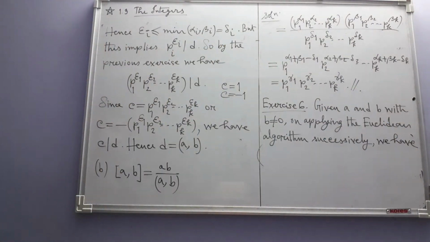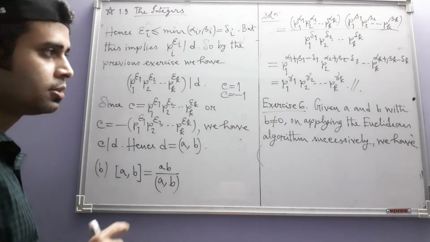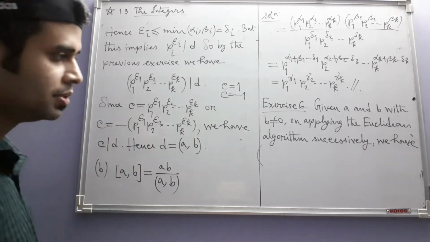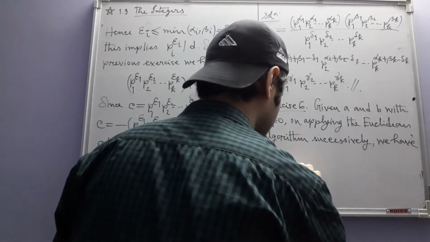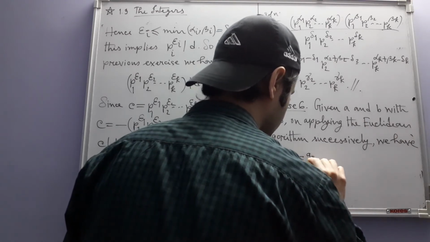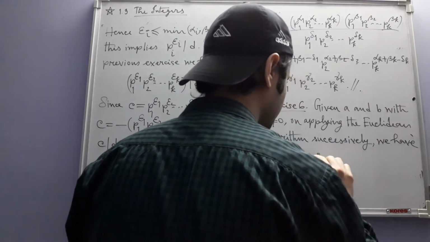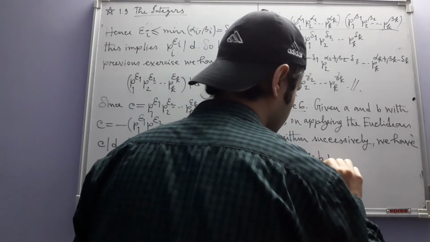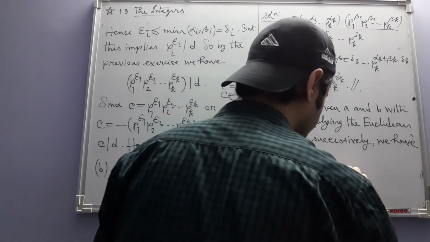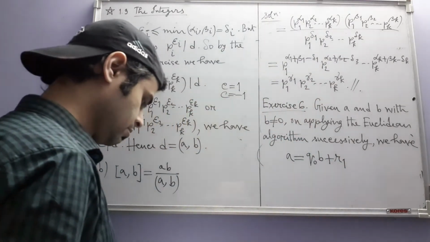okay, so how are we going to use the Euclidean algorithm? We are given two integers a and b, and one of them is non-zero. So we are going to divide a by b. If I divide a by b, it gives me a quotient, some integer, let me denote it by q naught, times b, plus some remainder r1.